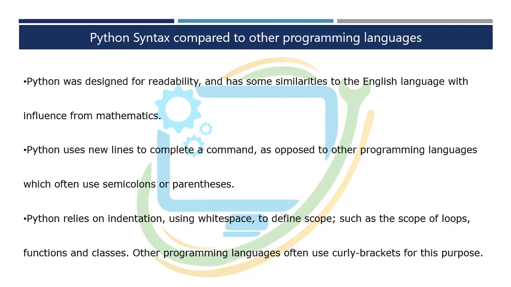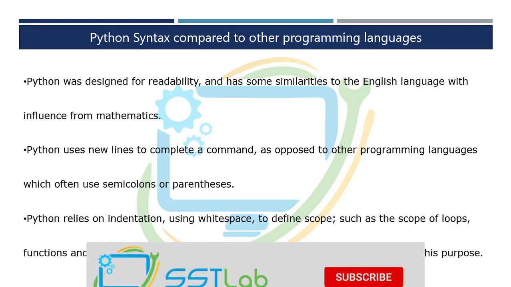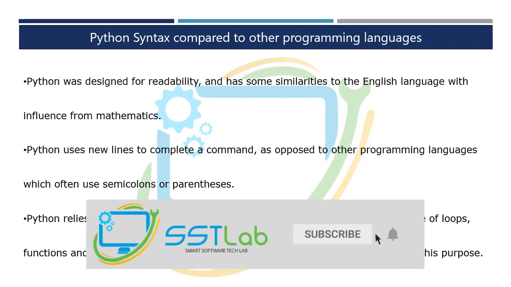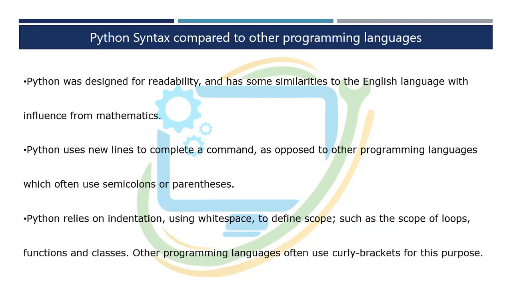Indentation means that if you use an if statement, in Java or C++ you use curly brackets to make the body of the if statement, but in Python you don't use curly brackets. You just write the if statement and then, as a body, you have to indent the code one tab after the if statement.